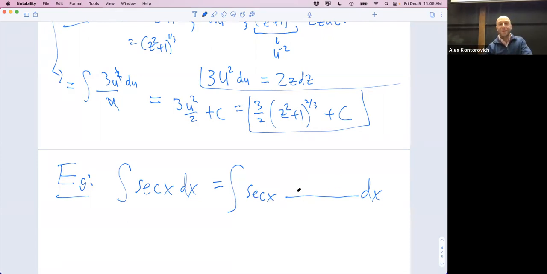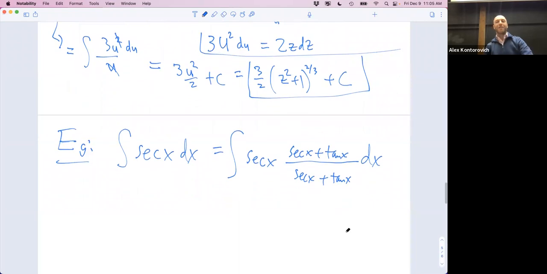Here's a very sneaky thing that somehow people figured out: you can multiply top and bottom by secant plus tan. I'll show you in a second why that might have some benefit. Let's just see what this is. Here I have a secant squared.